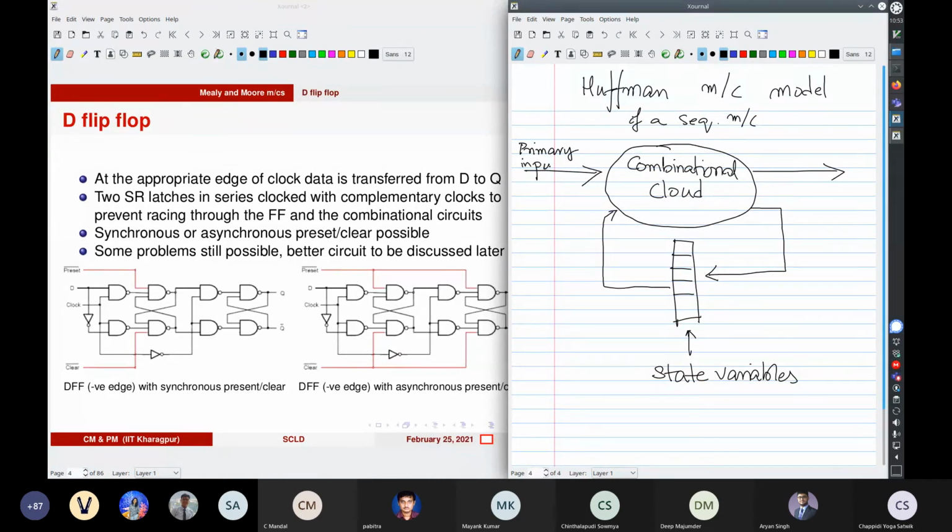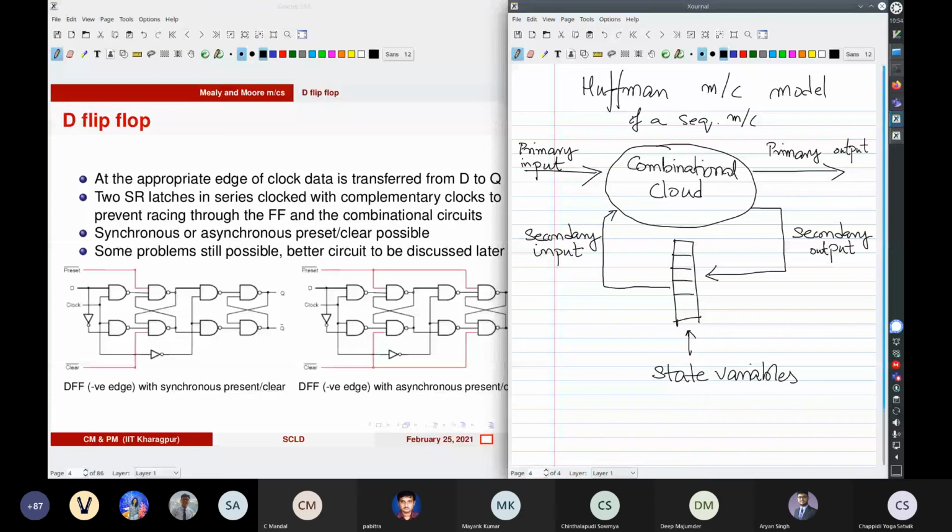This is the primary output. This is the secondary input. All right. So this is your Huffman machine model of a sequential machine.